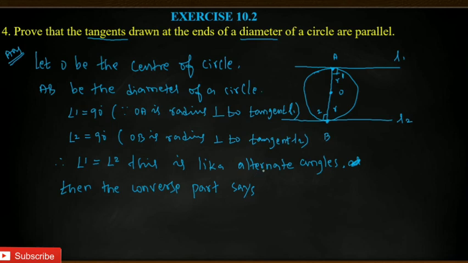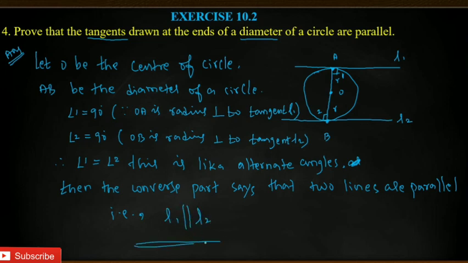So the converse part says that if alternate angles are equal, then definitely the two lines are parallel. That means line 1 is parallel to line 2. That is the only thing they asked us to prove, and we got it. Children, please make a note. We'll go to the next question.